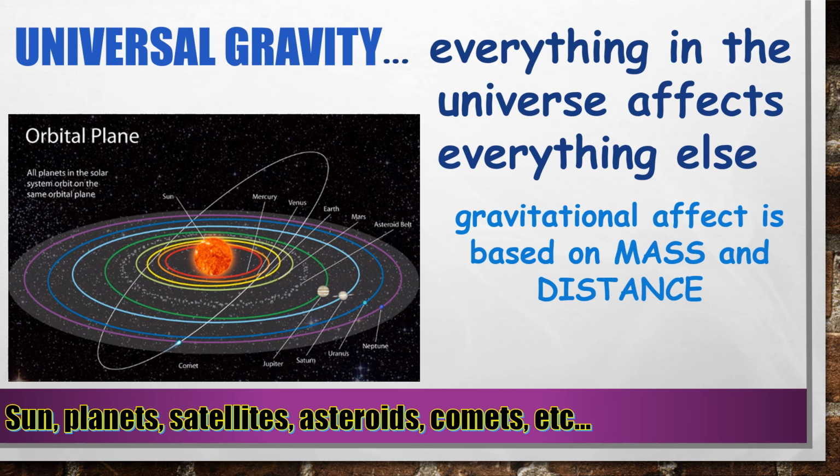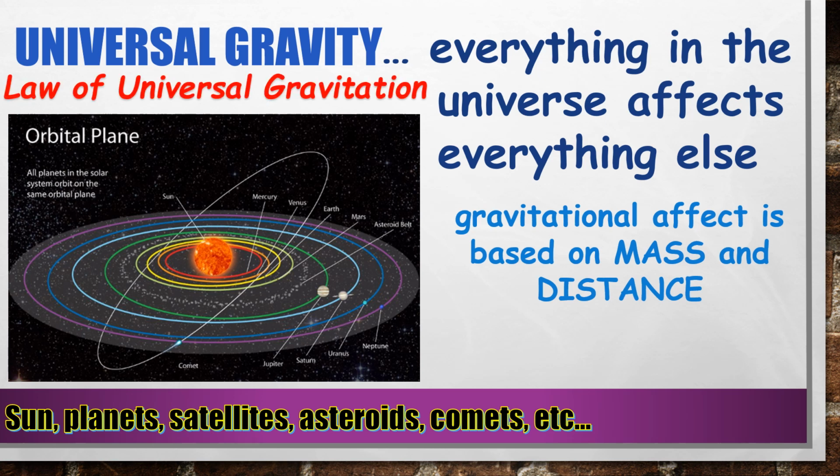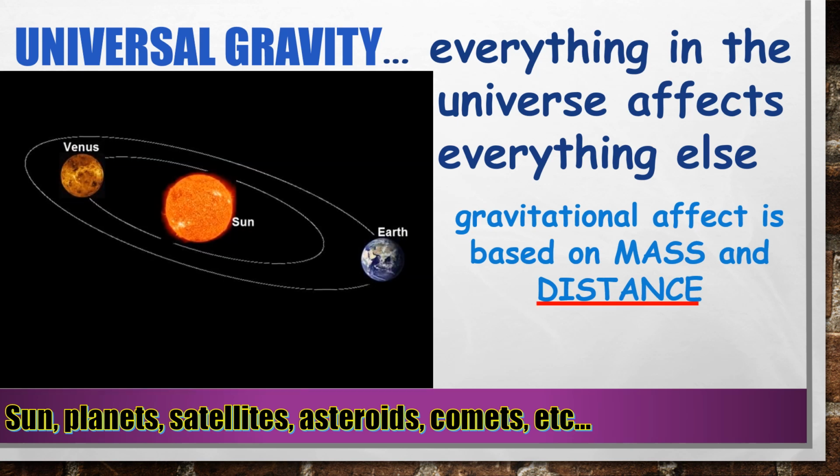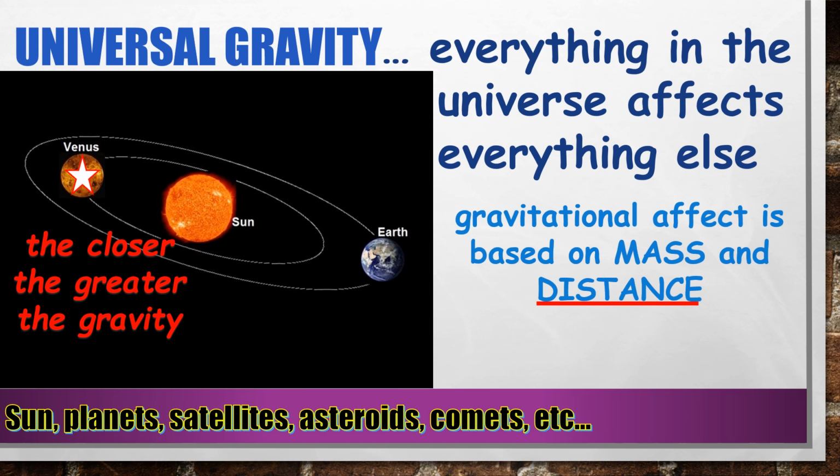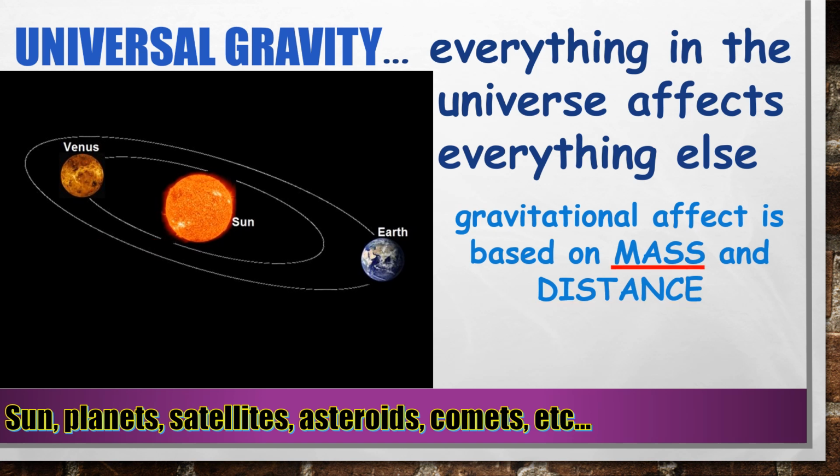The mass of the object and the distance of the object are going to affect that universal gravity. So universal gravity is the idea that if Venus is closer to the sun than Earth is, there's a greater gravitational pull from the sun happening on Venus compared to the Earth.